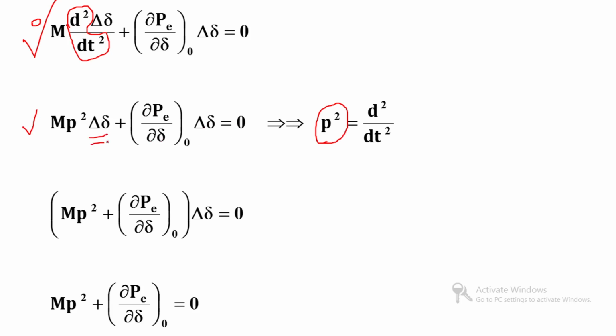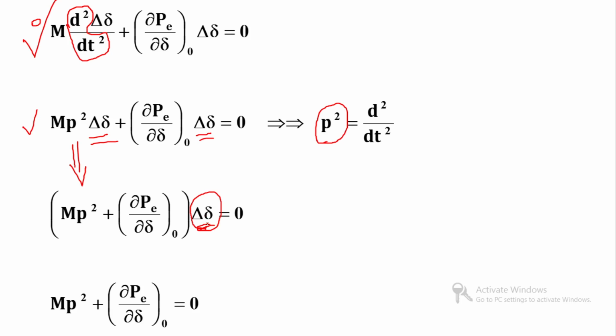Now in both terms delta delta is common, so I will take delta delta outside of the equation. So the equation becomes m p square plus del pe by del delta 0, multiplied by delta delta, is equal to 0. Now this change in angle is non-zero, clear.